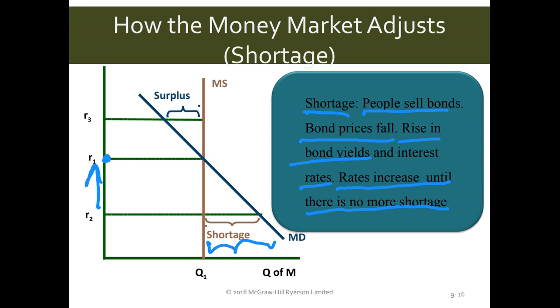When we started this chapter, I said that Bank of Canada, by controlling money supply, can also solve the problem of unemployment and inflation. So now we are going to see, after discussing this money market, how an increase in money supply works.